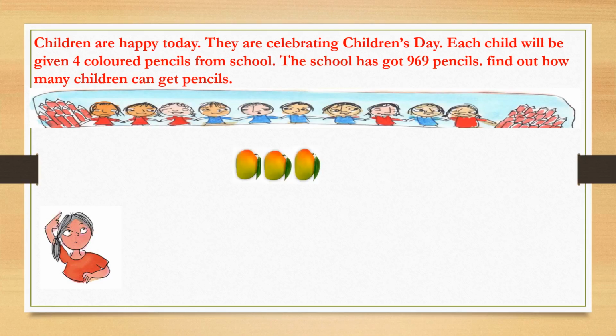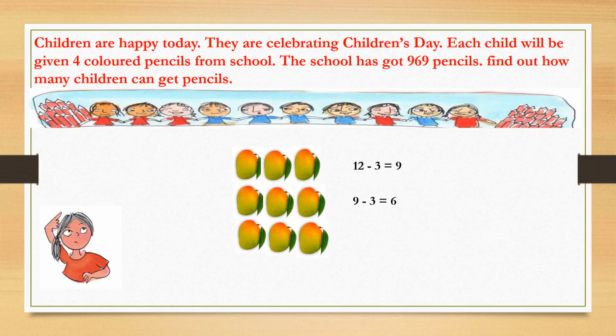After giving 3 mangoes, I am left with 12 minus 3, which is equal to 9 mangoes. Then again I give 3 mangoes to another child, and I am left with 6 mangoes. Then I give 3 mangoes to the third child, and then 3 mangoes to the fourth child.